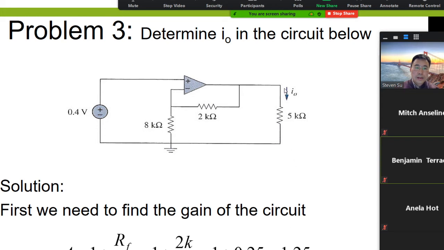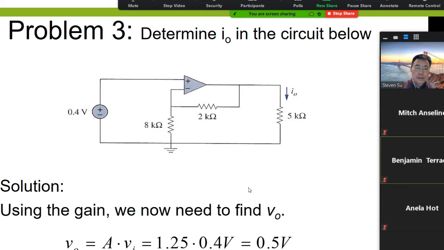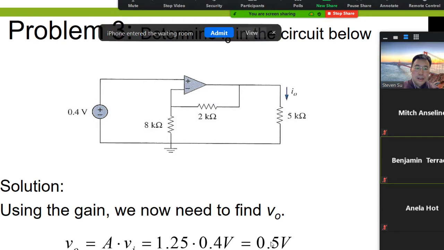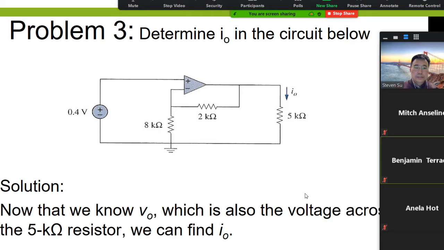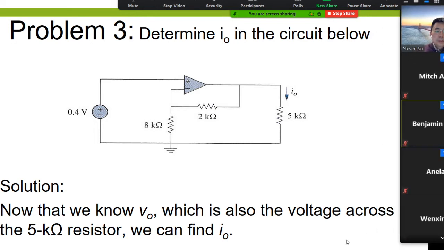So what's the output voltage? It's 1.25 times 0.4, and then you get 0.5. Then you can calculate the current: 0.5 volts divided by 5 kilo ohm gives 0.1 milliamp. That's the result.